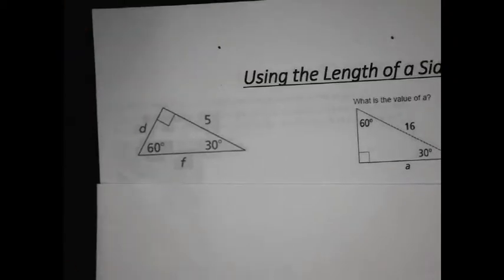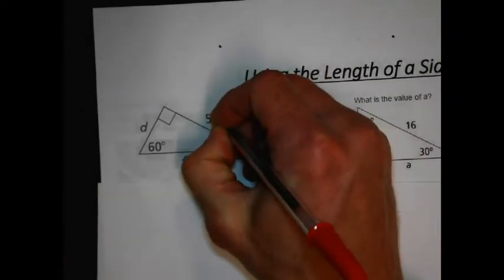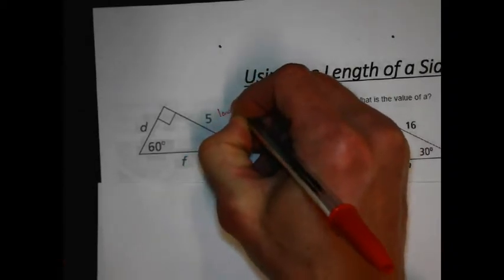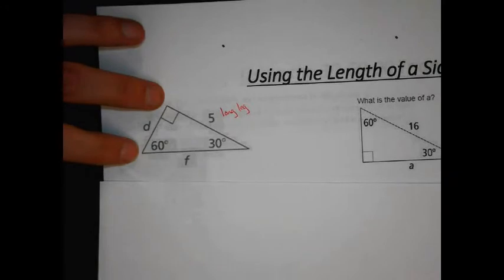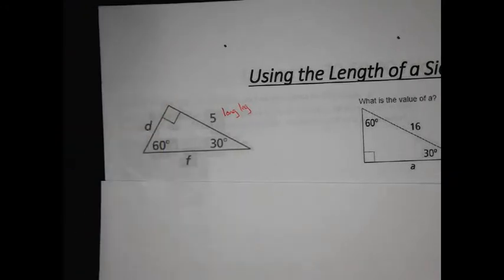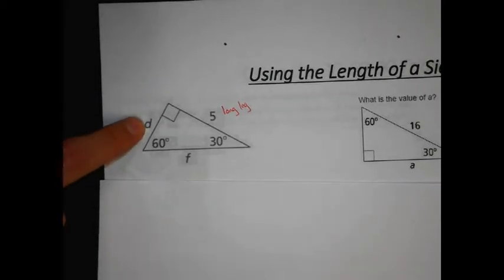We have 5. What are we looking at with that 5? Hopefully what you see is that we're looking at the long leg, not the short leg. That is the long leg. Hopefully you know the short leg is between the right angle and the 60-degree angle. That's the short leg. This is the long leg. So what can we find first? We can find the short leg first, and here's how.